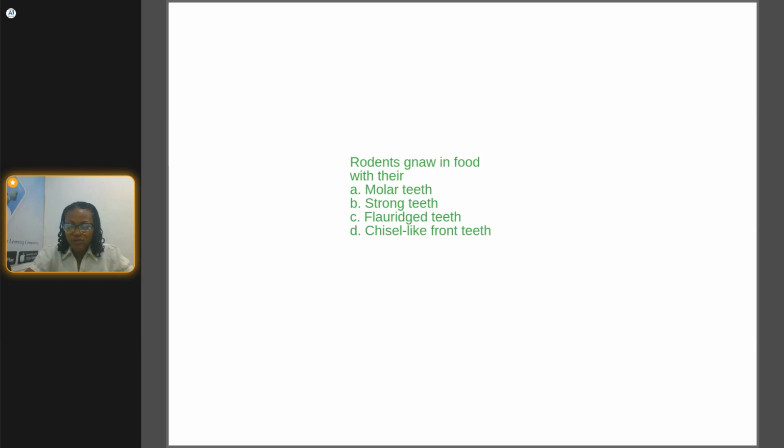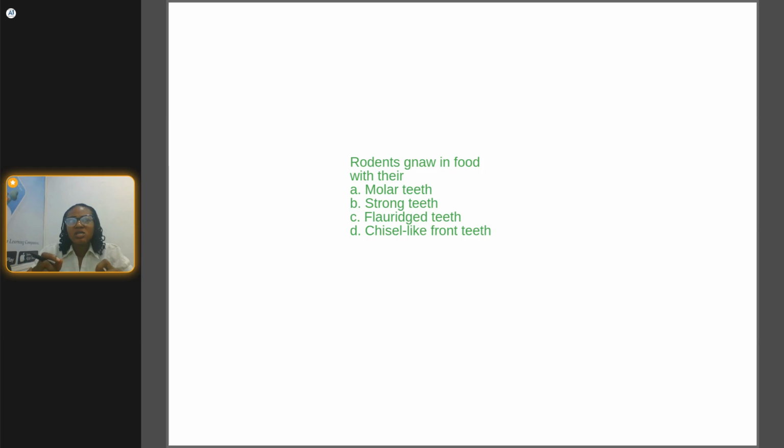So rodents gnaw in food with their. A. Molar teeth. B. Strong teeth. C. Flourished teeth. And D. Chisel-like front teeth. What would the answer be? The answer is D, chisel-like front teeth.